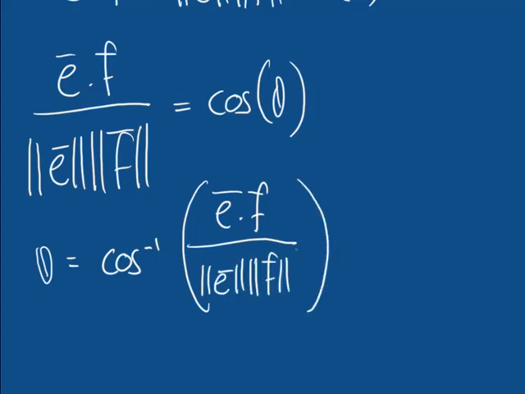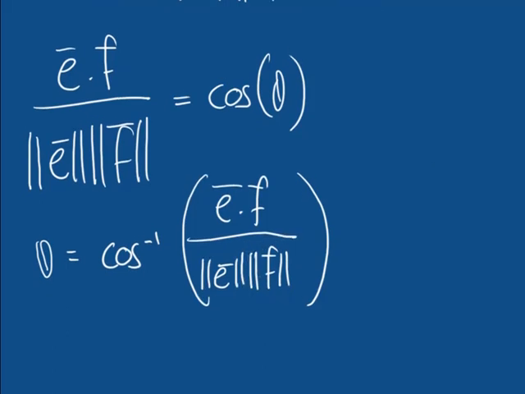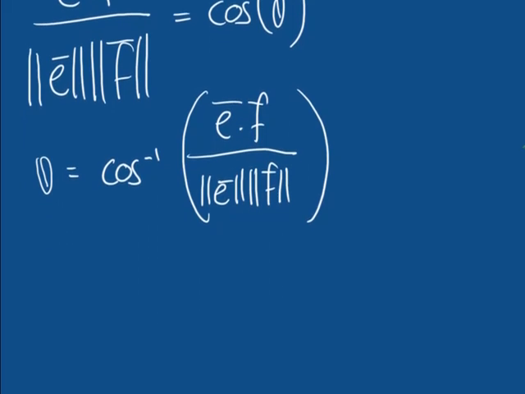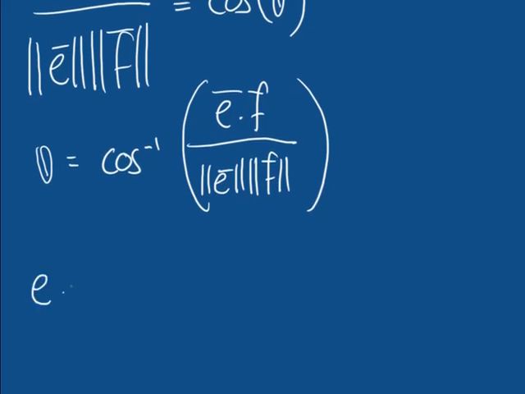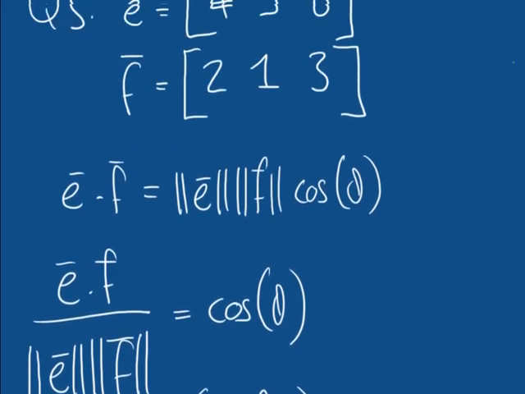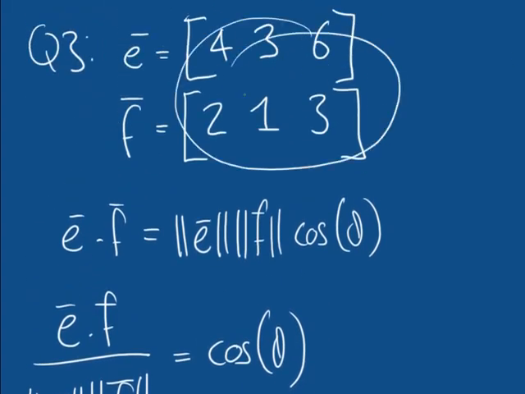So now that we've rearranged that, I ask you to find this angle theta. To do that, we're going to need to calculate e dot f, the length of e, and the length of f. So let's start by calculating e dot f. We can do this using the component form of the dot product definition.